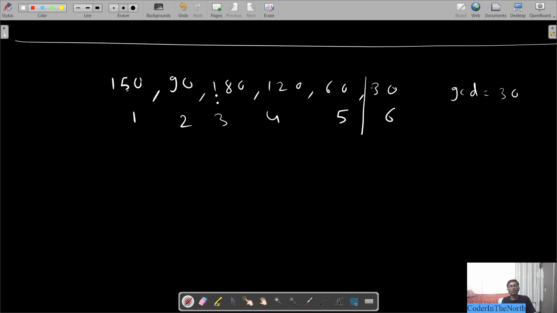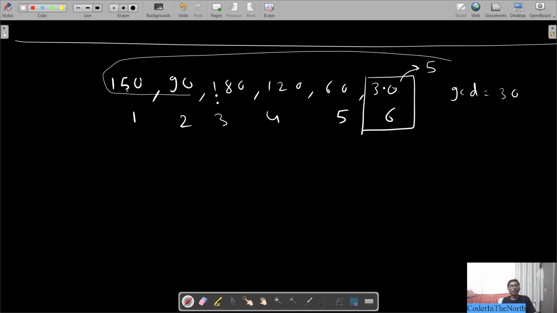If I update this number, it will be the GCD of 30 and 6. Now if I do the operation and update this 30 with 5, and again check the GCD, now the GCD is 5. You can see the GCD is 5.